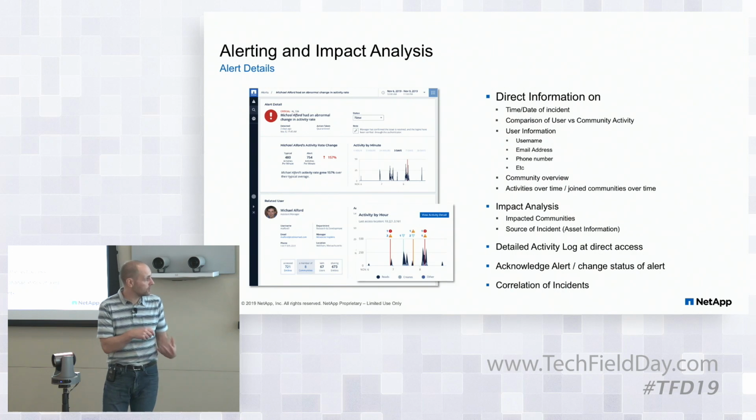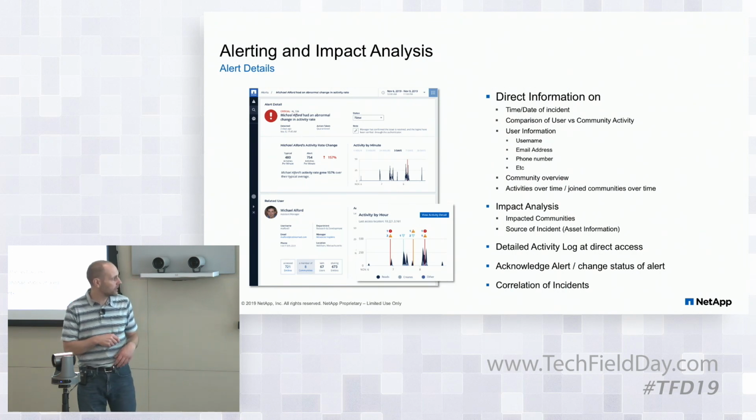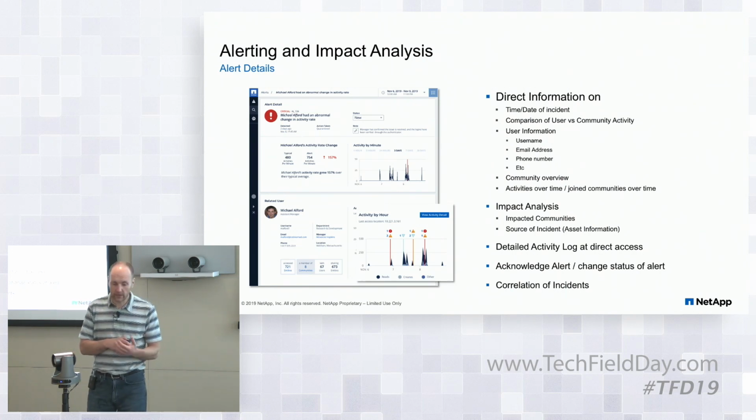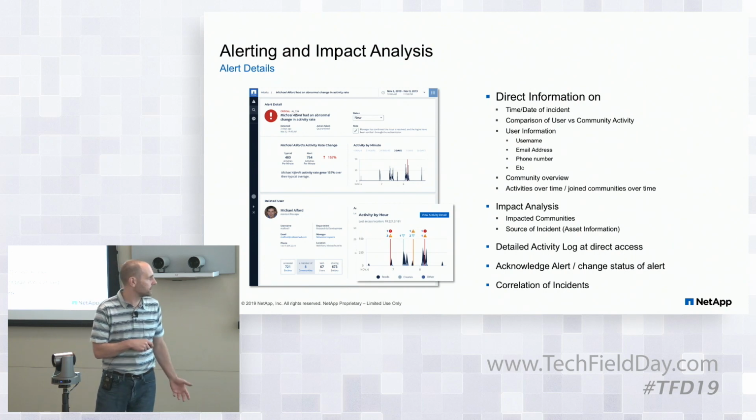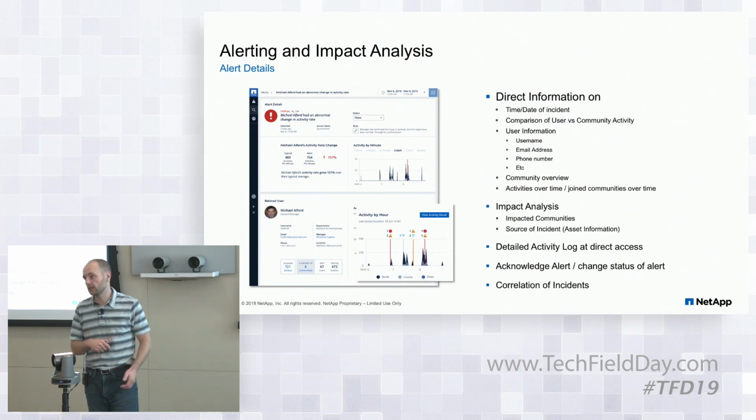We can look at what the community does over time, and then we can start looking at all the assets that community can access and what they should be accessing. So we now have a detailed activity log. We've got an alert, and we can correlate that incident back to the end user and the other file structures.